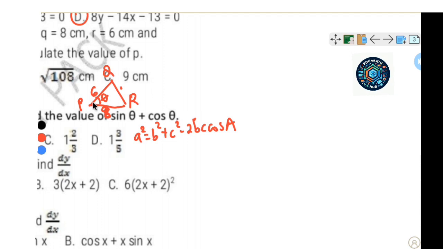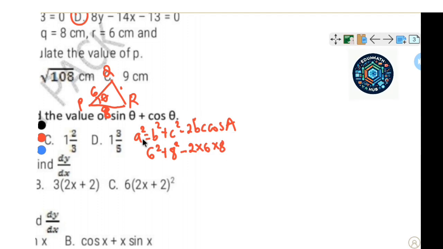So you're looking for this angle here. You have 6 squared plus 8 squared minus 2 times 6 times 8, then the cos of the angle.